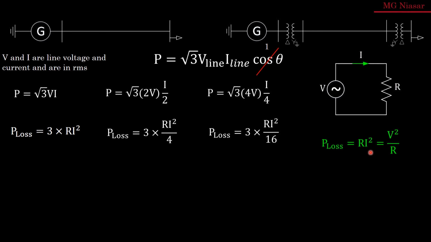But we have also another formula that we can use to calculate loss, and that is V squared divided by R. If I use this other formula, loss is 3 times V squared divided by R. In the second case, loss is 3 times V squared divided by R, but V is here 2V. So the loss here should be actually 4 times that of the previous case.